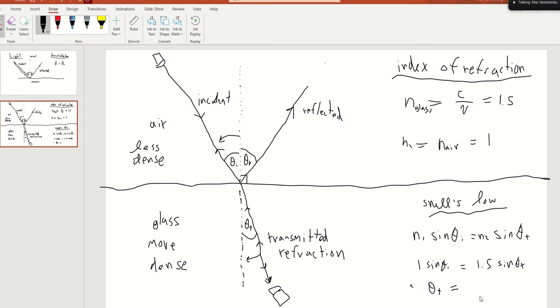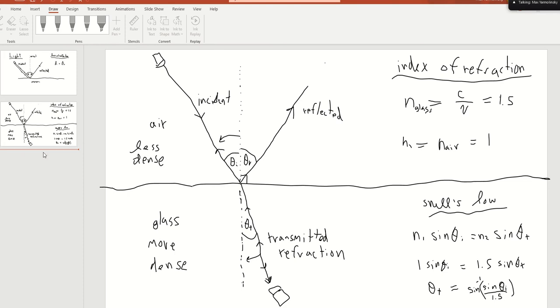You don't really need to do this, but you could solve it as the inverse sine of sine theta over 1.5. That's how you could solve for the transmitted angle. Okay. So that's kind of the theory. That's how you solve part 2 of the lab.